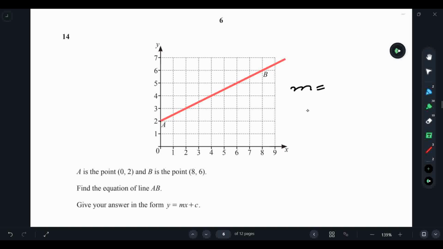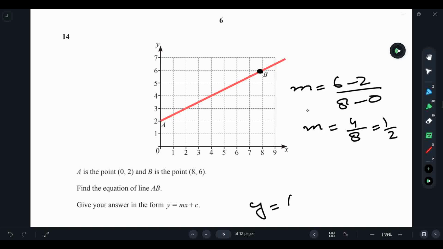Gradient will be y2 minus y1, this point is B, so 6 minus 2 divided by 8 minus 0. So m will be equal to 4 by 8, which means 1 by 2. So the equation will be y equals 1 by 2 x plus 2, because we can see that the y-intercept is 2 and the gradient is 1 by 2. So this will be the final answer.